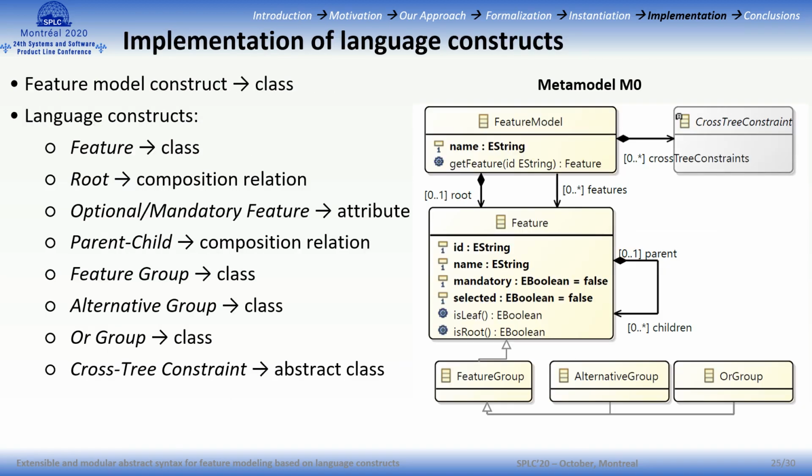The feature model construct is always implemented as a class because it serves as a container of features and constraints. The rest of the language constructs can be implemented as a class, an attribute, or a relationship.